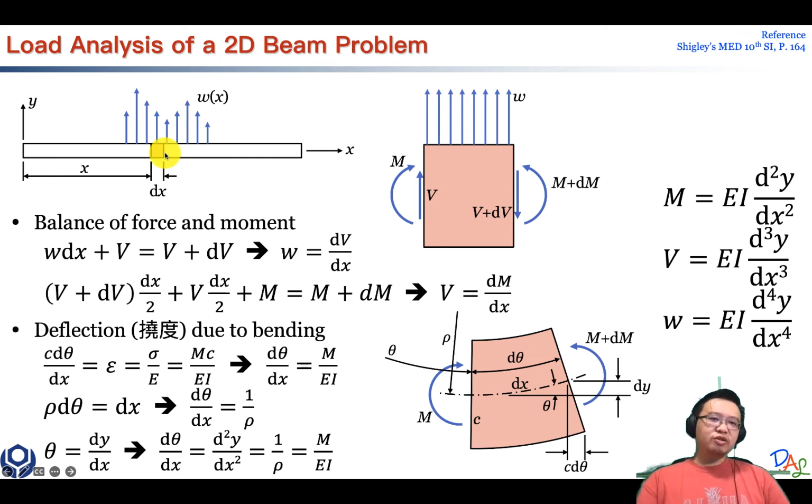So let's focus on what this small portion of the material looks like if we zoom in. Because of the external load, there could be some bending moment and shearing force applied to the material.